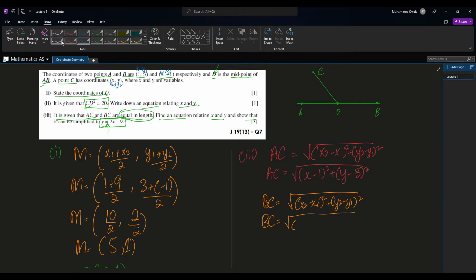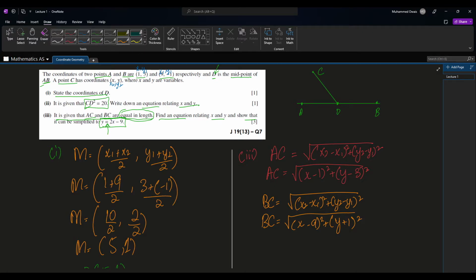Now then, for BC, x2 is x, x1 is 9, squared, plus y2 is y, minus y1 which is minus 1. So I can just write this as plus 1 because minus will become plus. So these are the two equations we have formed.